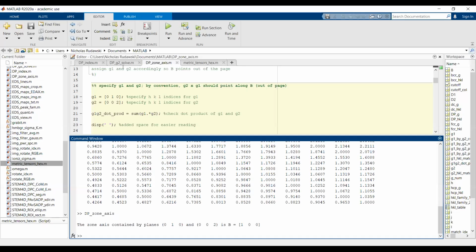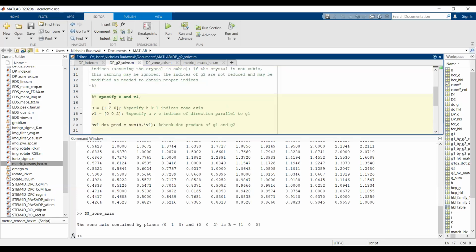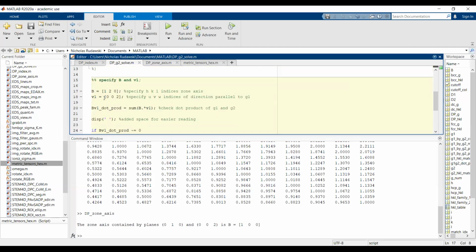Now I have to rearrange this because I'm not doing B cross V1, I'm doing V2 cross B. So this is going to be the first one: 0, 0, 2, and this is 1, 1, 0.